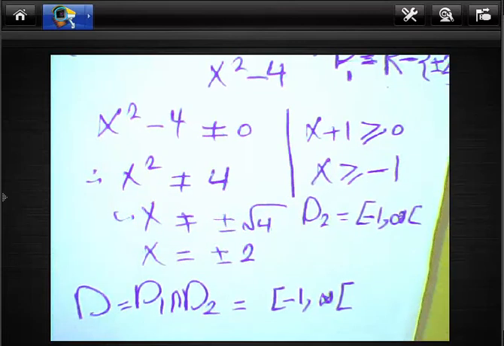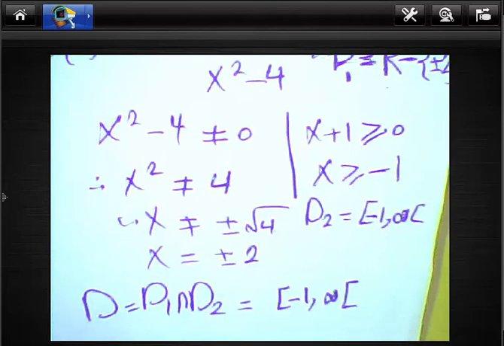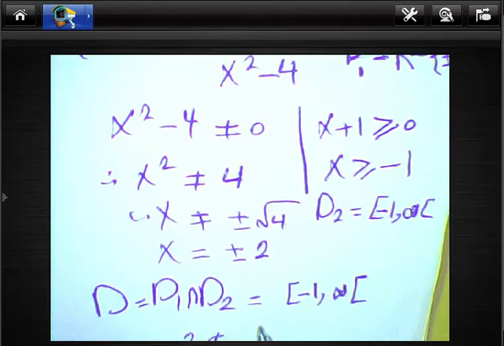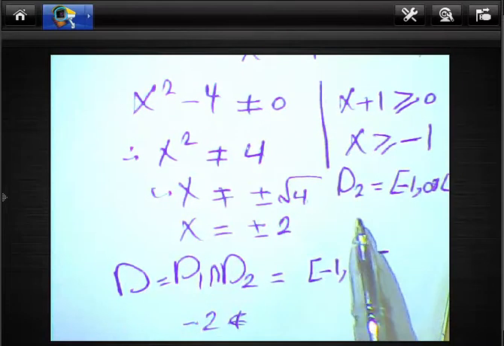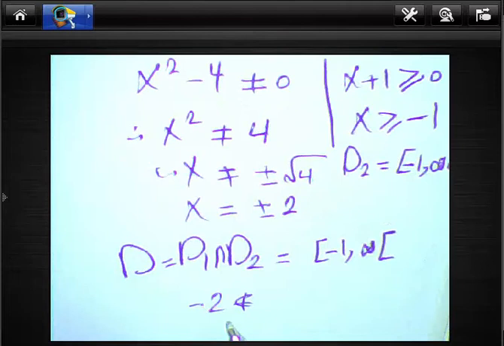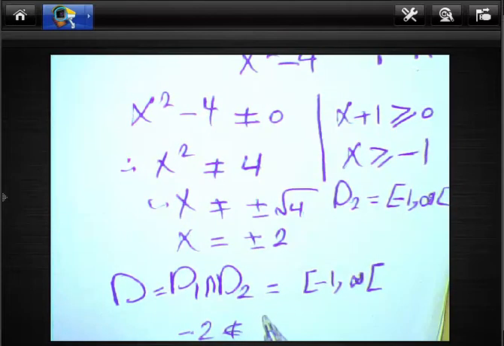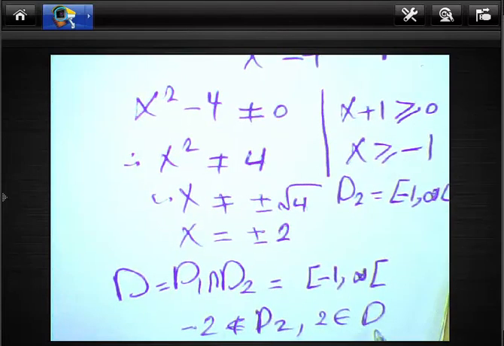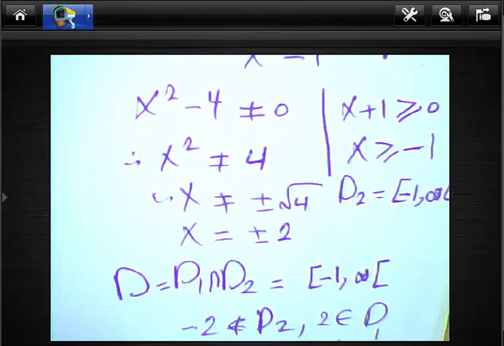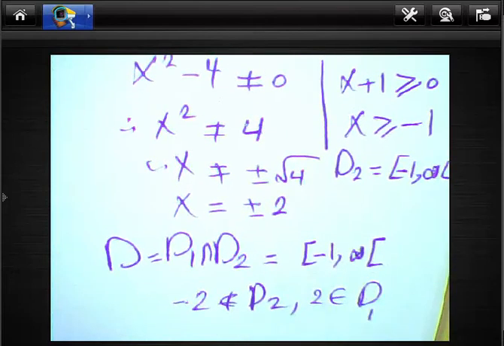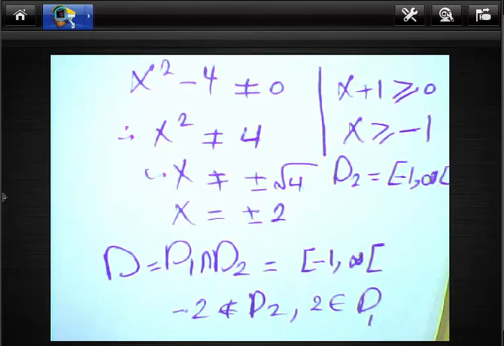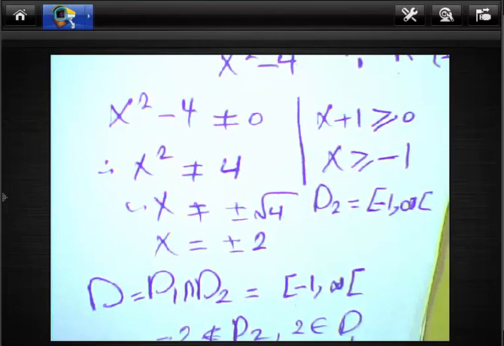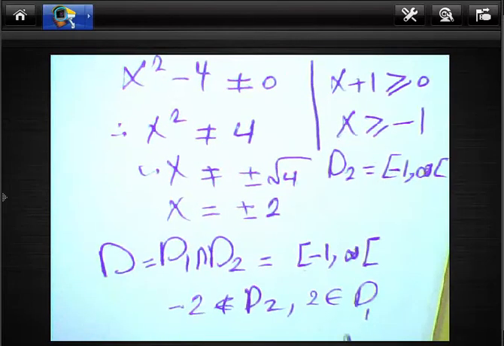So the result will be -1 to infinity, because -2 does not belong to this interval, not here in the domain. -2 does not belong to domain 1 or domain 2, but 2 belongs to domain 2, from -1 to infinity. So the result will be from -1 to infinity, which is the domain of this function.